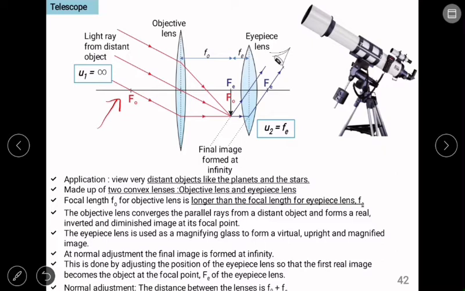Now if we look here, our objective lens has a focal length larger than the focal length of our eyepiece lens. Alright? Our FO is bigger than our FE. So that's one thing that you need to remember. FO is more than FE.